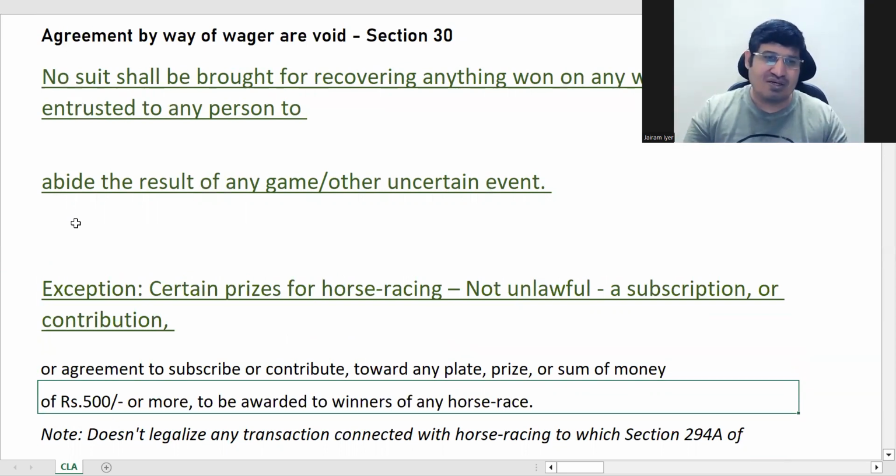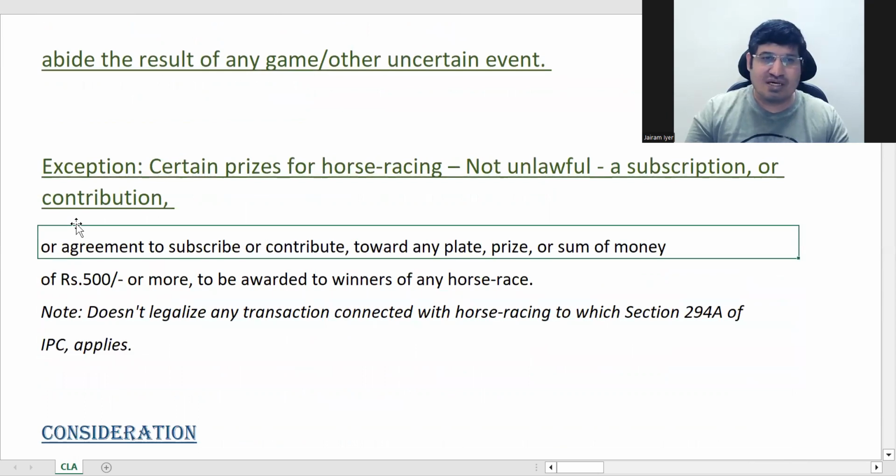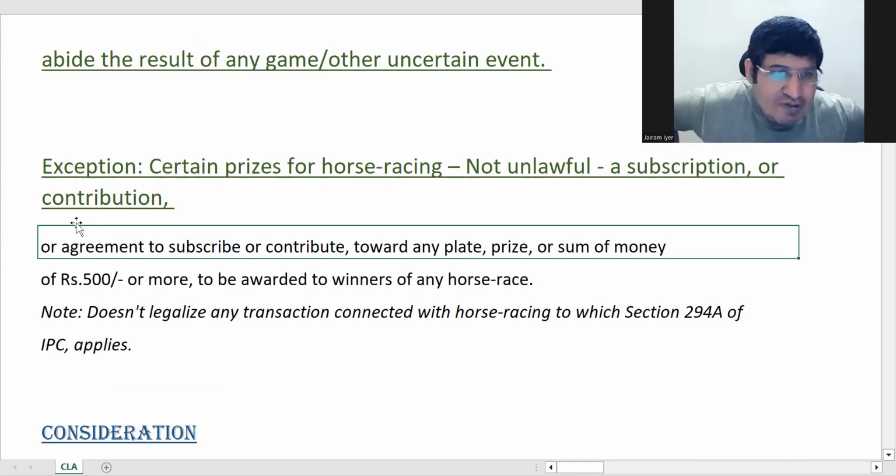Okay, so if it is not illegal, they will tell you in the problem that it is not illegal. You might not know which type of horse racing is legal and which is illegal. Even I don't know various types of horse races, because that's not our specialization, right? We don't know the kinds of horse racing and all that.